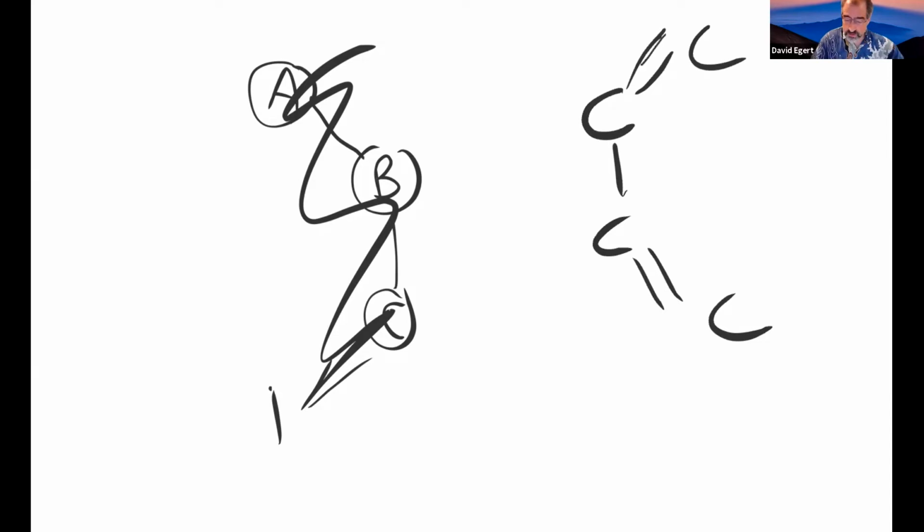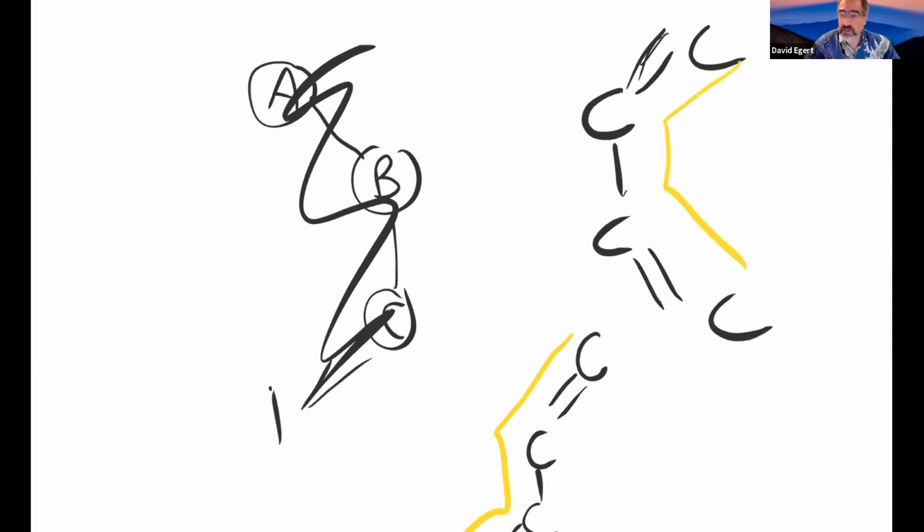And wherever there is a double bond, there's a kink. But I could have it go kind of in a Z direction or more in a C direction. So if the bend makes it turn into a C, it's called a cis conformation. If it's more in the Z, it's called a trans conformation.